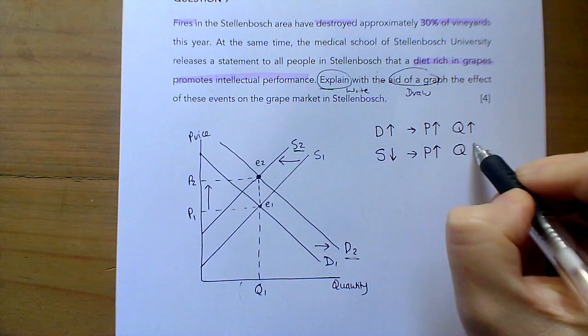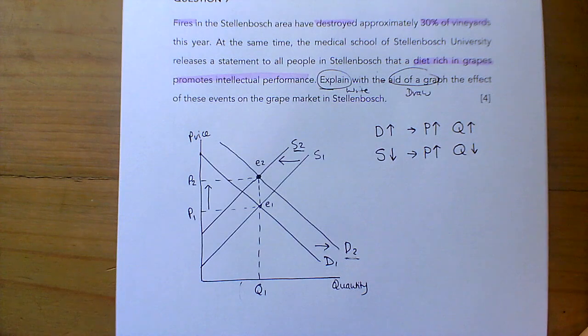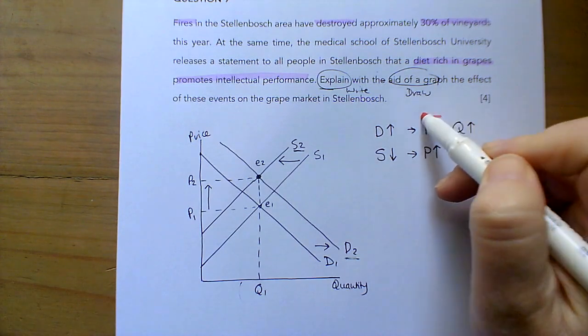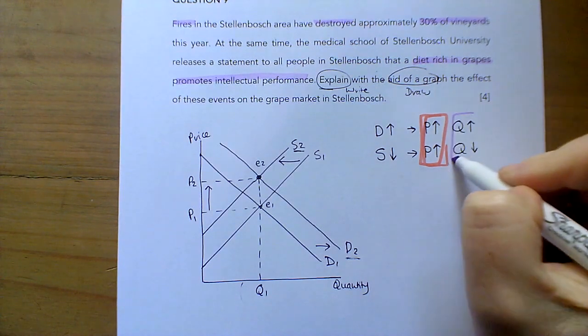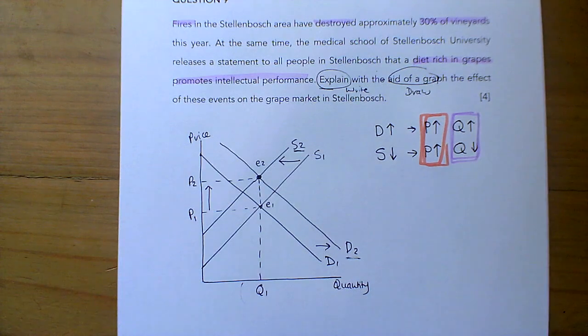And it puts a downward pressure on quantity. So if these two things are happening at the same time, what we should notice is that prices are moving in the same direction. So there is a definite upward pressure on price. But these two events have opposing effects on quantity.